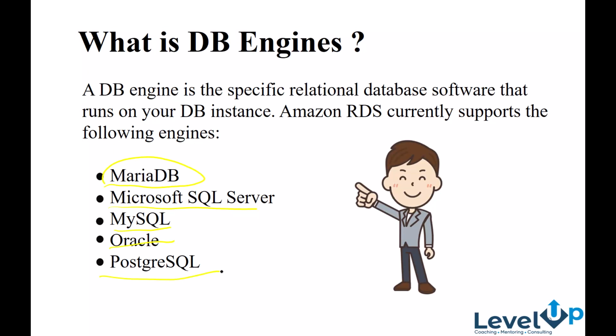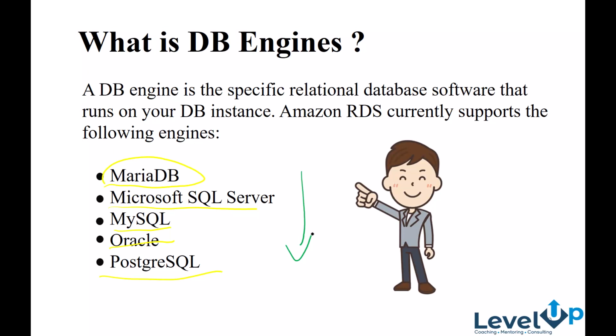PostgreSQL is another engine. Now, does AWS support all of these? AWS supports all these six engines. Additionally, there is also an Amazon-built engine of RDS that is called Amazon Aurora. We'll discuss that separately.